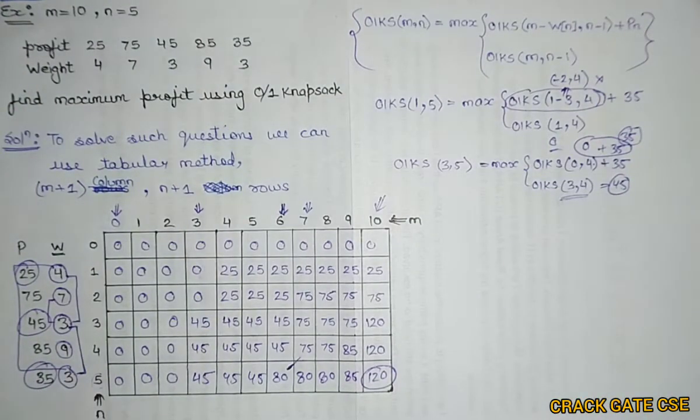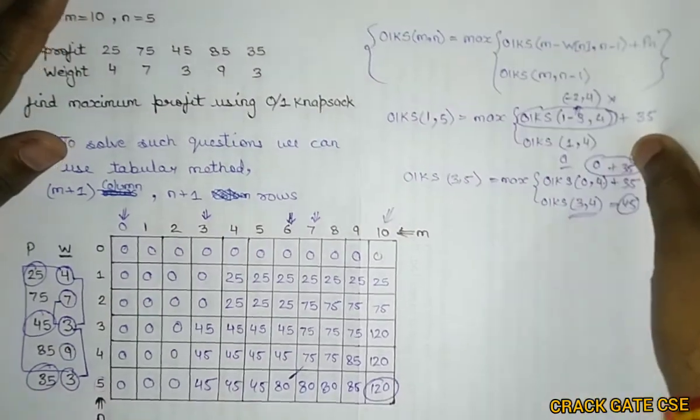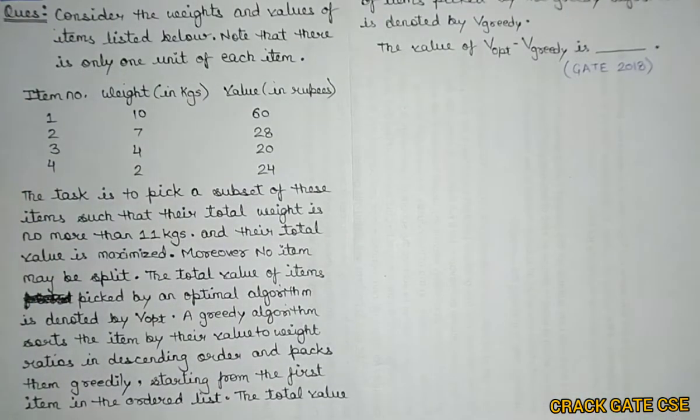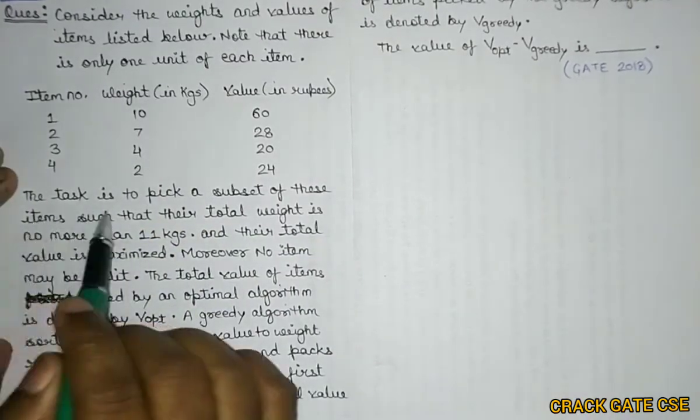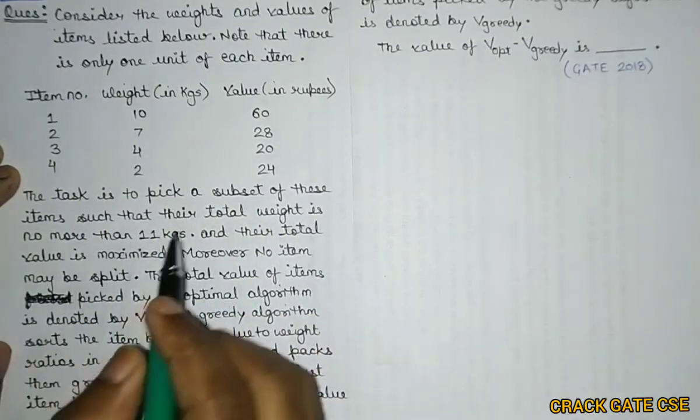Now let's discuss one previous year GATE question which came in year 2018. This question is important because here they solved the particular 0 by 1 knapsack in both ways, dynamic way and greedy way. So this was the table given, and the task is to pick a subset of these items such that their total weight is no more than 11.